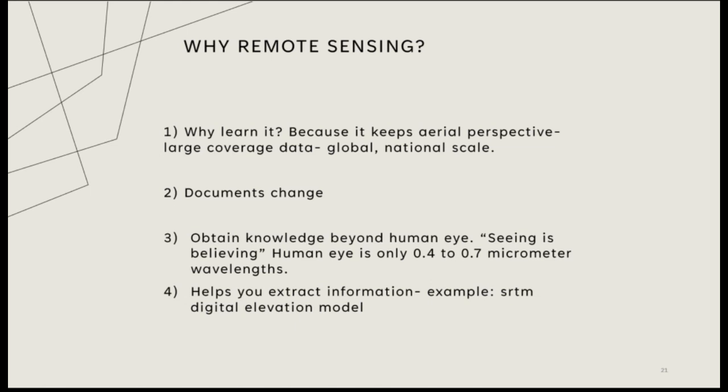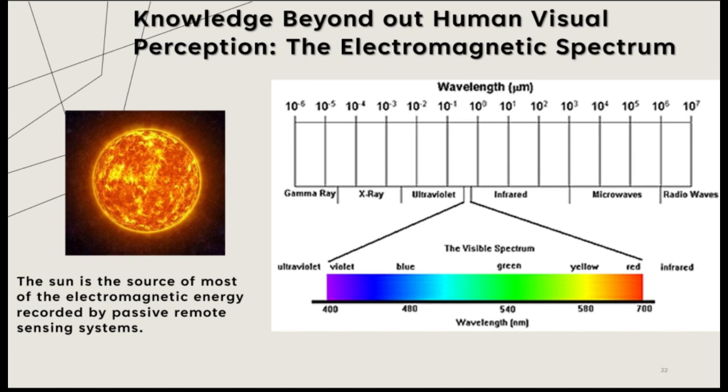If we only relied on the human eye, we would be limited to 0.4 to 0.7 of the electromagnetic spectrum. But we also have infrared, X-rays, ultrasound, so many wavelength ranges with which we could explore with remote sensing. So that's why remote sensing is really important. And number 4, it helps you extract information and also analyze it, which we will get into later this semester.